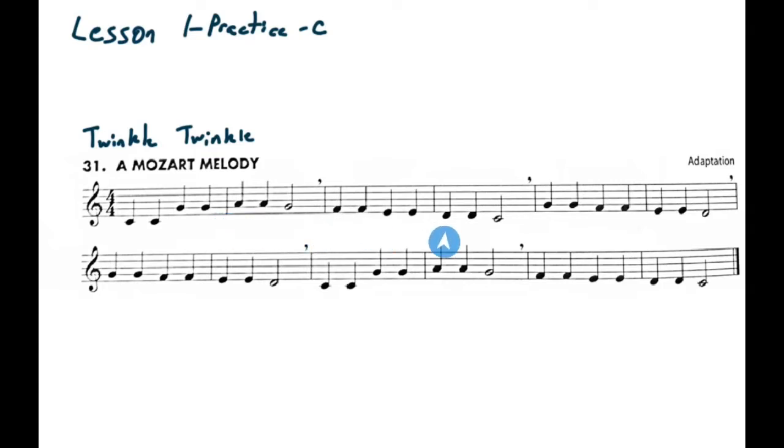There are your bar lines. And the space between every bar line is a measure. Every one. So there's 1, 2, 3, 4, 5, 6, 7, 8, 9, 10, 11, 12 measures in the song. Okay?